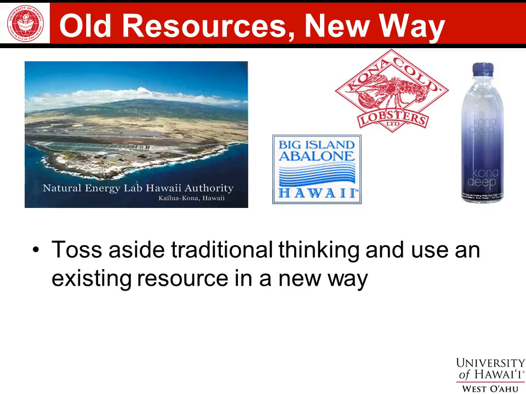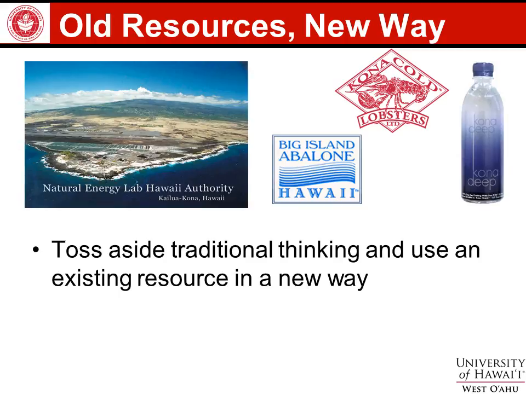Well, different farms realized, or different business ideas, that we're using this old resource, cold water. How can we use it in a different way? Instead of growing things in it, what else can we do with it? The most successful one has been deep seawater. Kona Deep and other companies have taken this water, which is ultra clean, ultra pure, high in mineral content, desalinated it, and sold it.